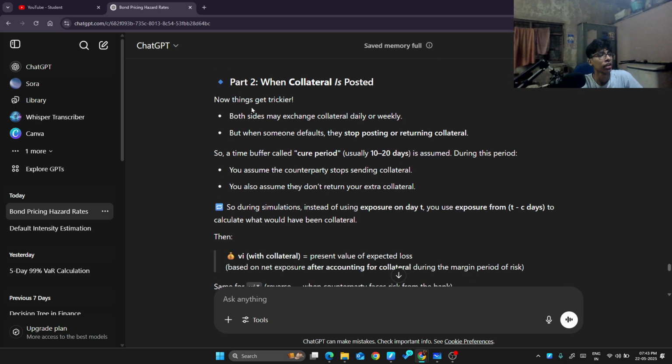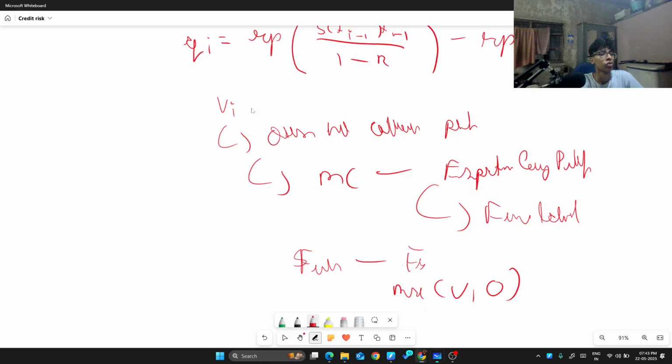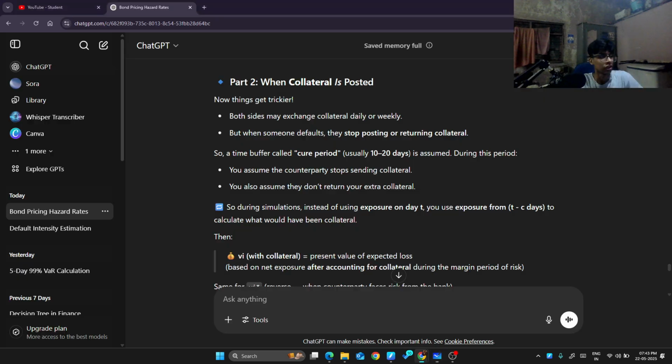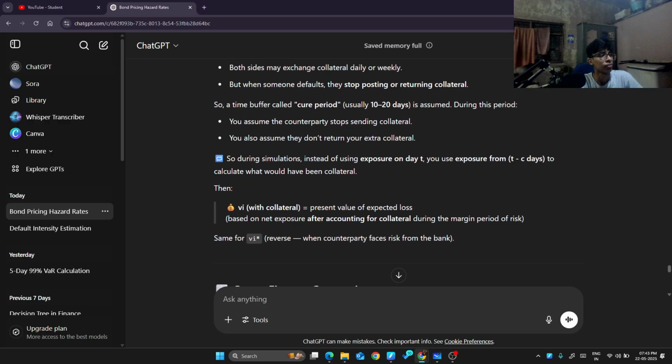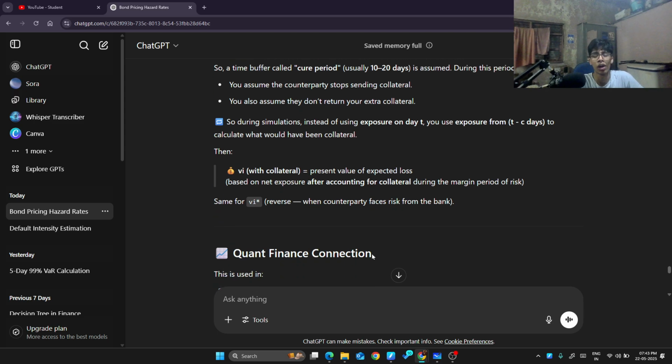And the second type is, if there is collateral posted, then there is a buffer time of 10 or 20 days, assuming the counterparty stops sending collateral, or that they don't return your extra collateral. So we perform the Monte Carlo path till t minus the buffer, and then find the present value of expected loss based on the collateral margin.